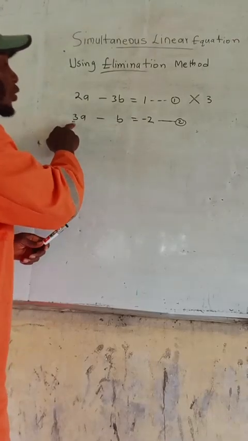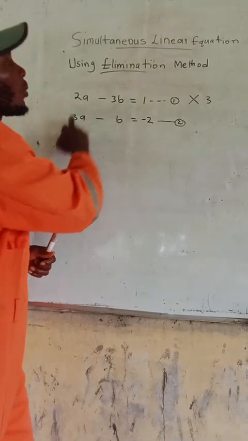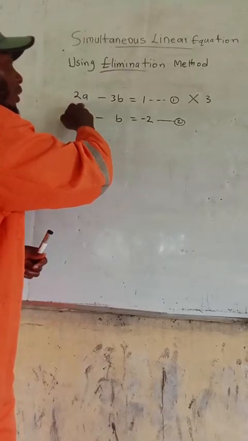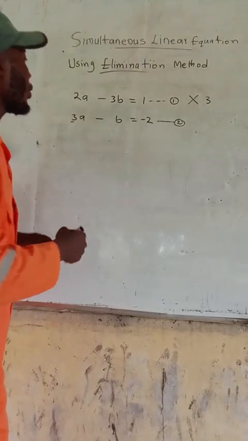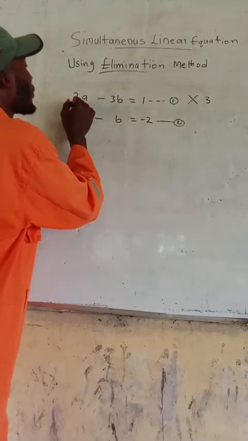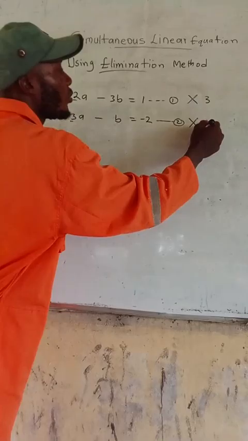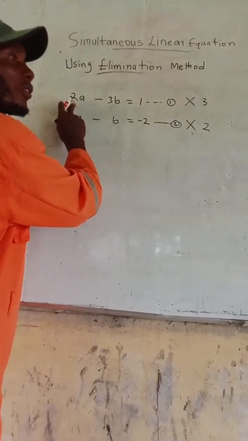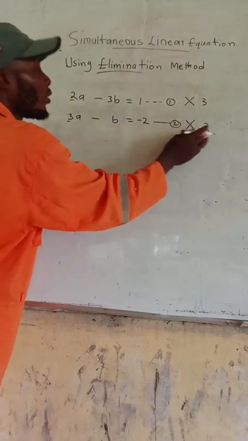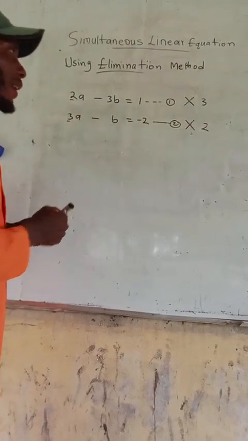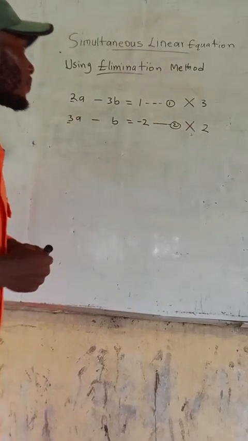At the same time, use the coefficient of A in equation 1, which is 2, to multiply the whole of equation 2. Are you getting it? Alright.